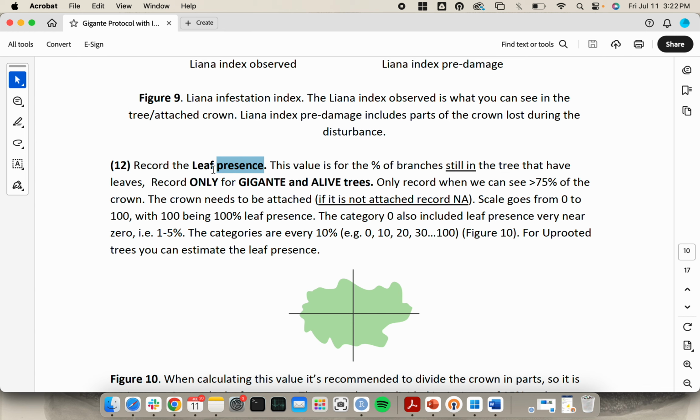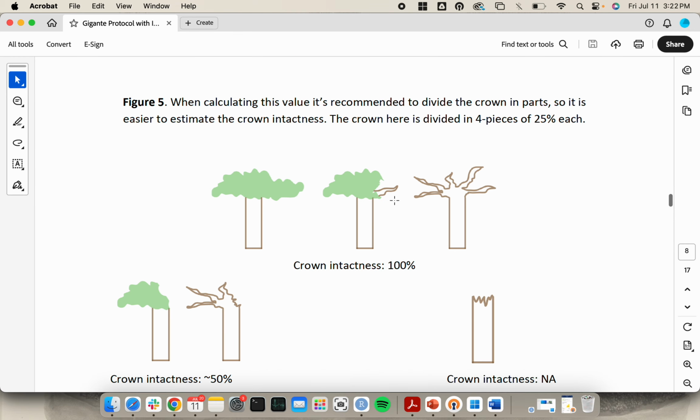And then leaf presence is the percentage of branches still in the tree that have leaves. So let's say you see this, for example. The crown intactness on this tree is 100%, but the leaf presence is probably 75%.